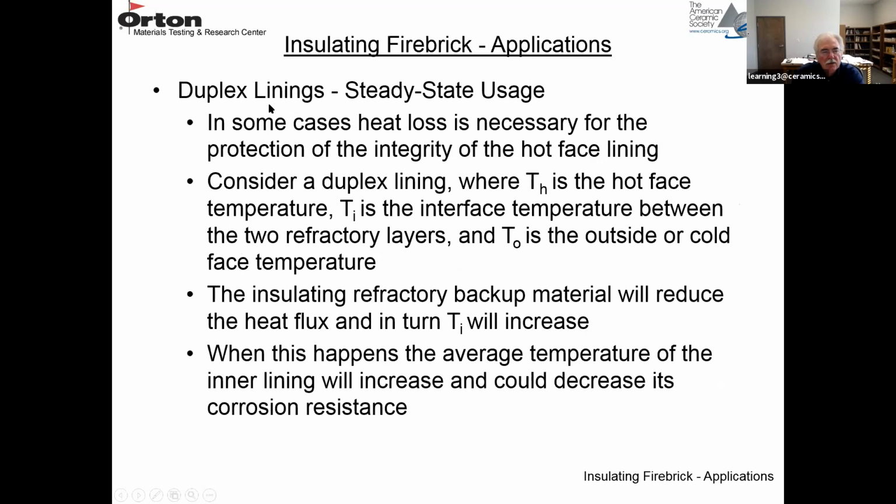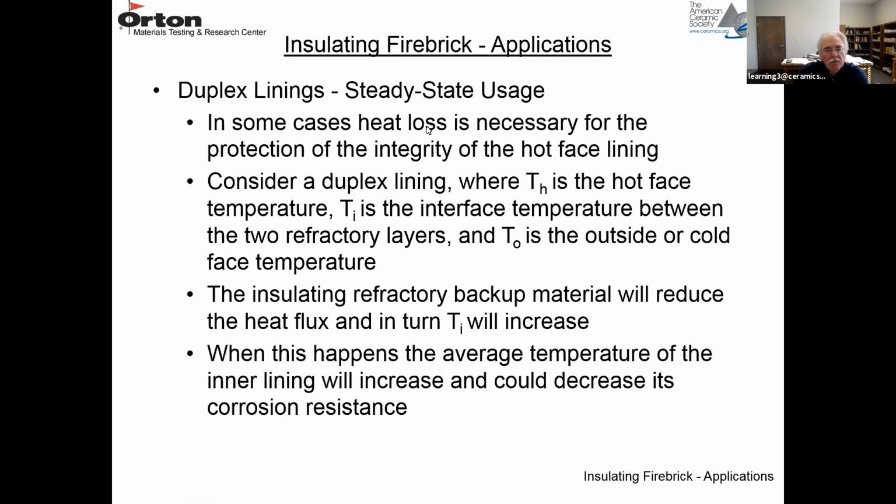So a duplex lining, which would be using the IFB as a backup, is considered under steady state conditions, where the furnace temperature is held constant and the heat flow through the wall of the furnace is steady state. In some cases, the heat loss is necessary for the protection of the integrity of the hot face lining. So we talked about corrosion and the freeze plane.